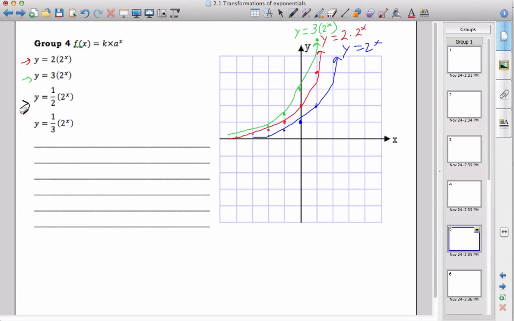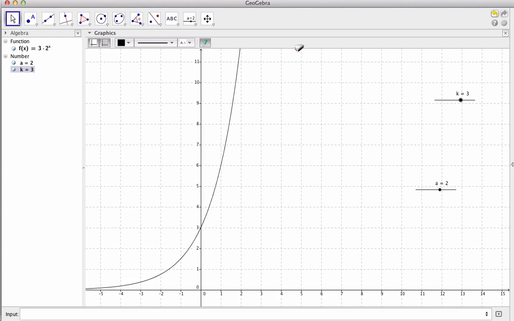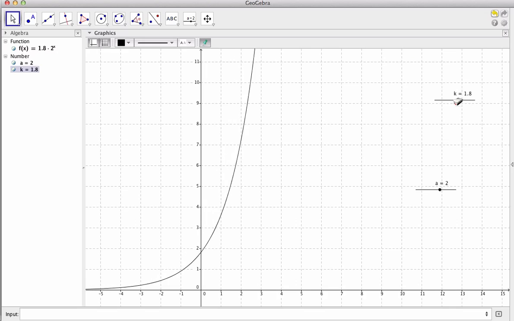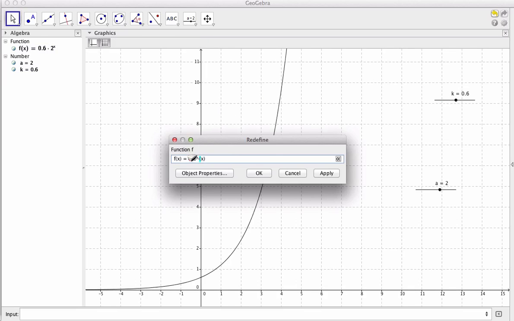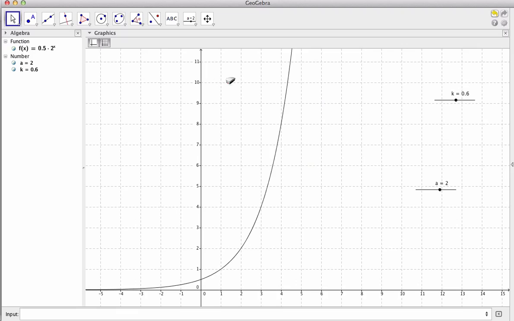In this next one, y equals half times 2 to the power of x, so I can make k be 0.5. Well, that's not easy. Let me see. Let's just type in 0.5 times that, and okay, we get this graph.